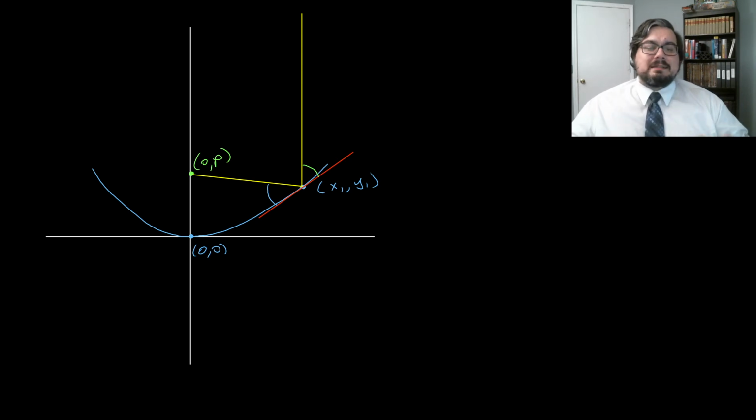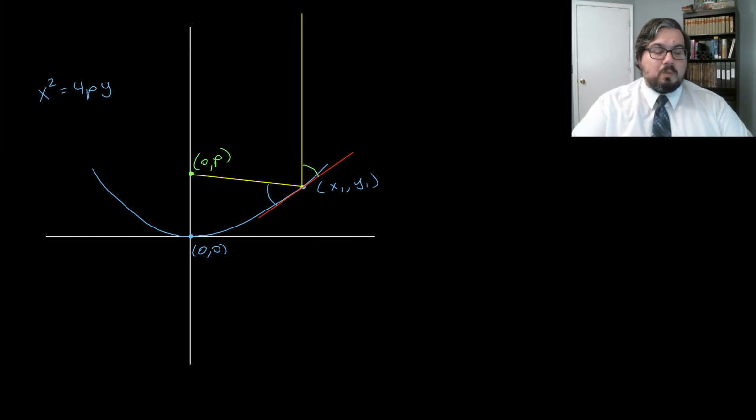Now there is one piece of this that unfortunately I'm going to have to punt to calculus. From calculus, we can actually figure out what the slope of this line is. Now, we have that this curve has the equation x squared equals 4py, or y equals 1 over 4p times x squared.